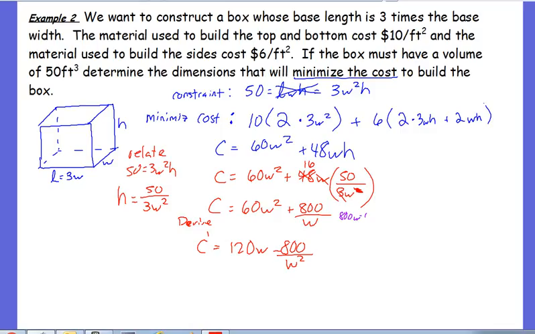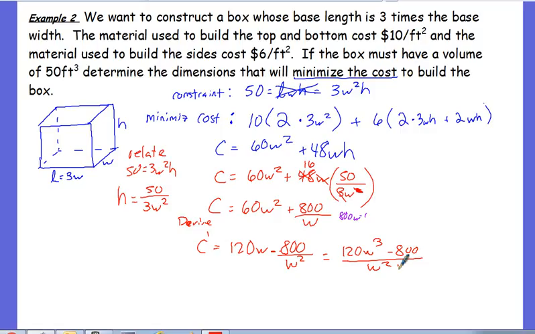Subtract. And in order for me to subtract fractions, what do they have to have? So then, do they have that at this point? No. But it's very simple. This is W squared, and what is this one missing? W squared. So good. I can fix this and say it's 120W cubed minus 800, all of that over W squared. Ever see what I did?